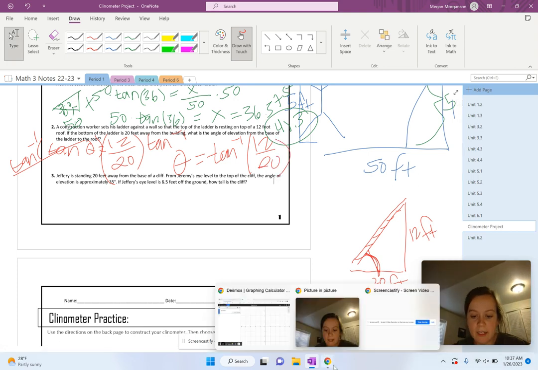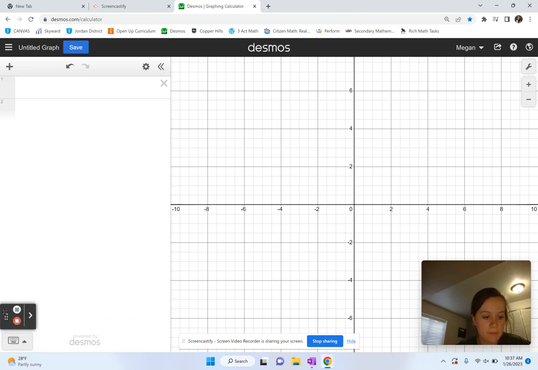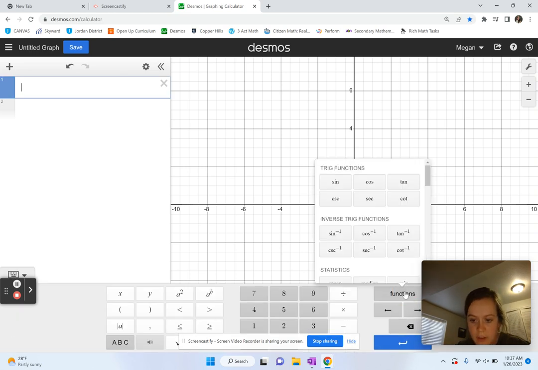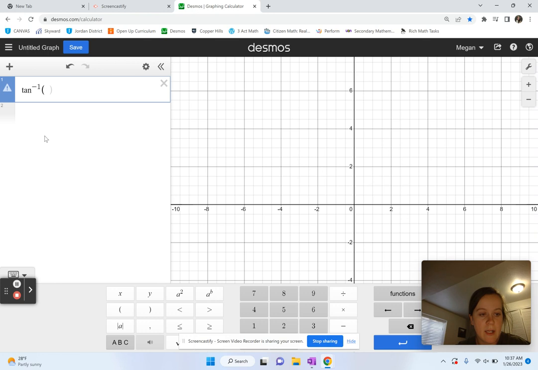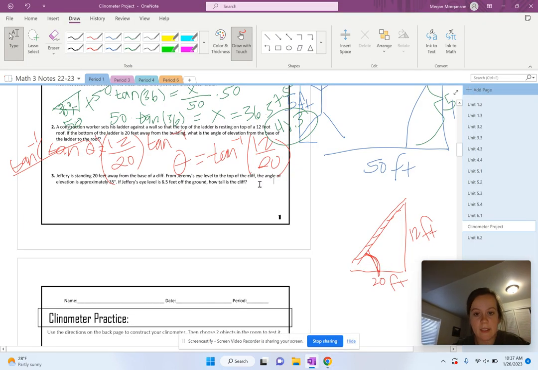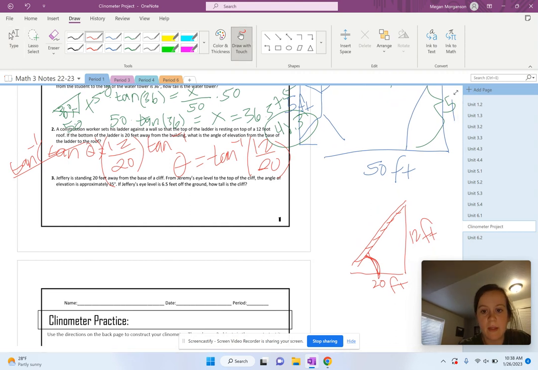So let me see if I can plug that into Desmos here. Functions. Here we go. Tangent inverse of 12 divided by 20 is 30.96. So that is the angle here. Theta equals 30.96 degrees.